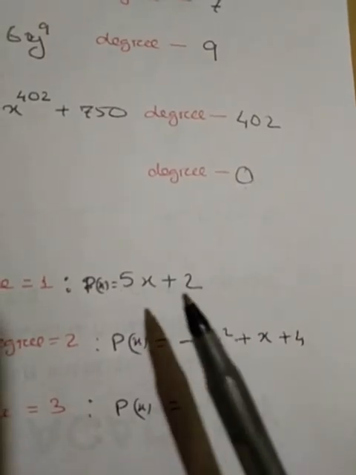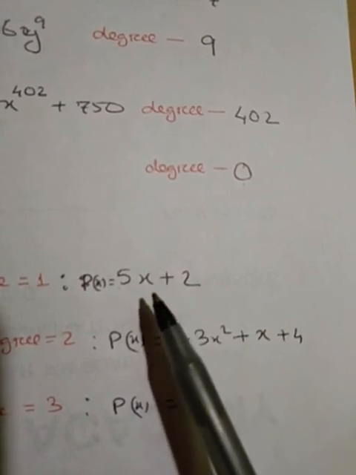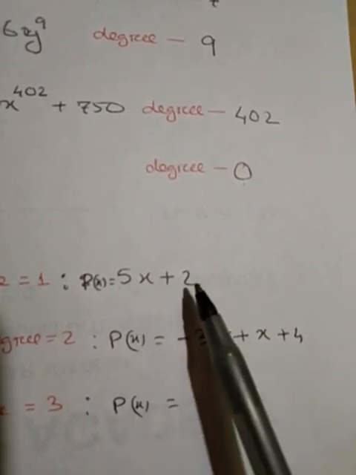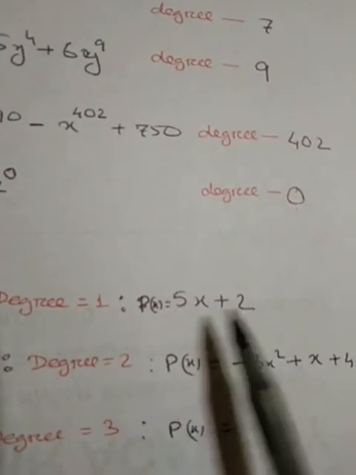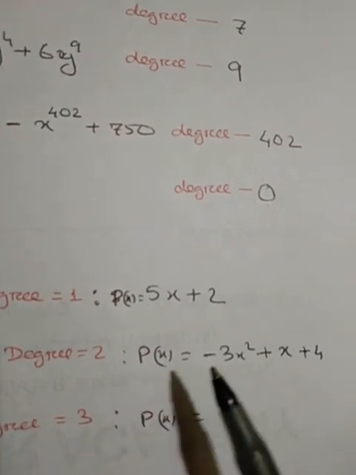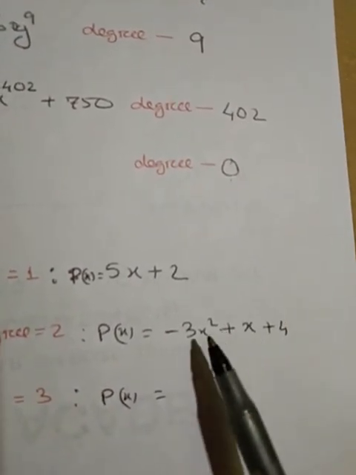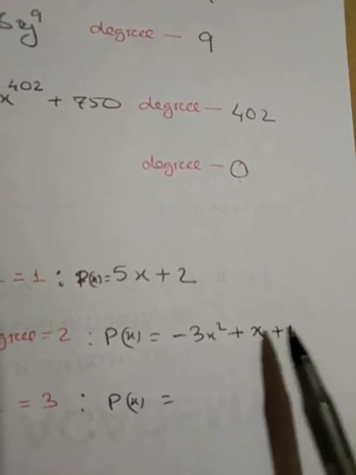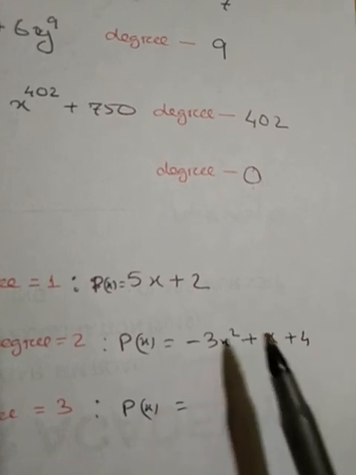Here you can see 5x plus 2, the highest power of x is 1, so the degree of this polynomial is 1 and we call it a linear polynomial. Similarly, if we see this polynomial, the highest power of the variable is 2, so we'll call this a quadratic polynomial as the degree is 2.